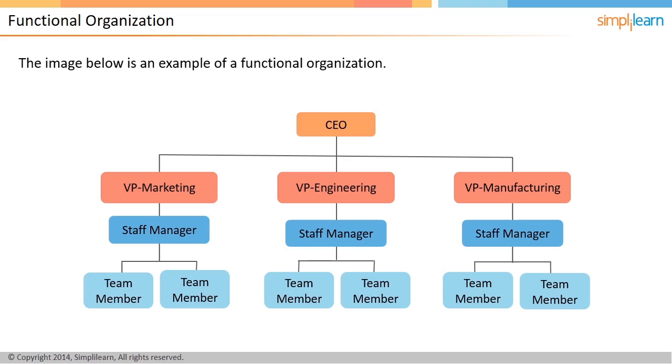These organizational structures do contribute to risks on the project. In a functional organization, the control of budget and resources are with the functional managers, and the team members work in silos. The image on the screen is an example of a functional organization. In the next screen, we will focus on the advantages and disadvantages of functional organization.